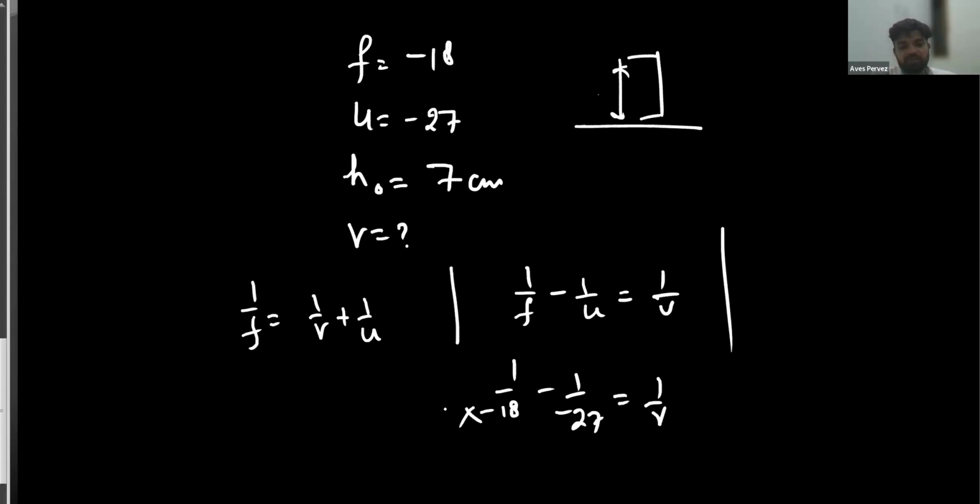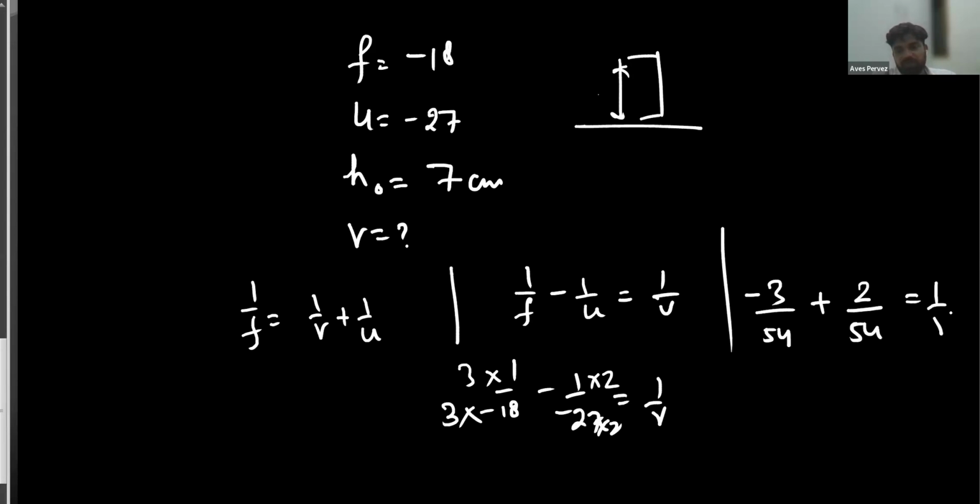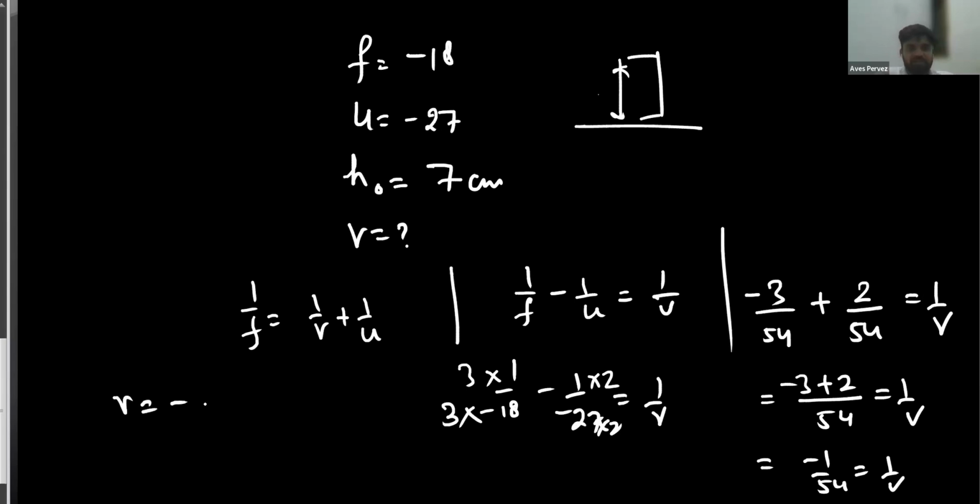Take the LCM, multiply by 3, but this minus sign and minus sign gets plus. You will get 3 upon 54, minus 3 plus 2 upon 54. So 3 minus 2 equals to 1 by v. You will get minus 1 by 54 equals to 1 by v, and v is equal to minus 54.